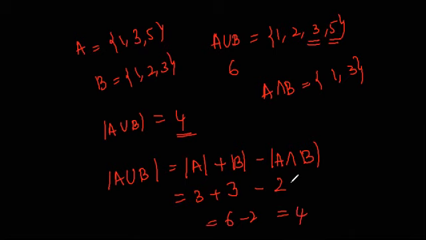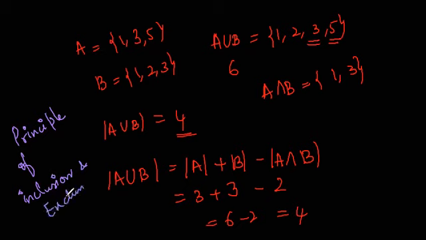So this principle is known as the principle of inclusion and exclusion. That is, we are including the elements which are only in A or in B once, and we are excluding the elements which are in both A and B once.